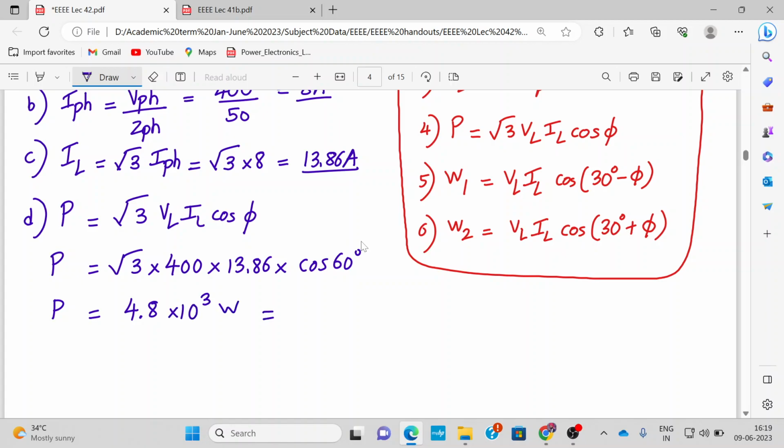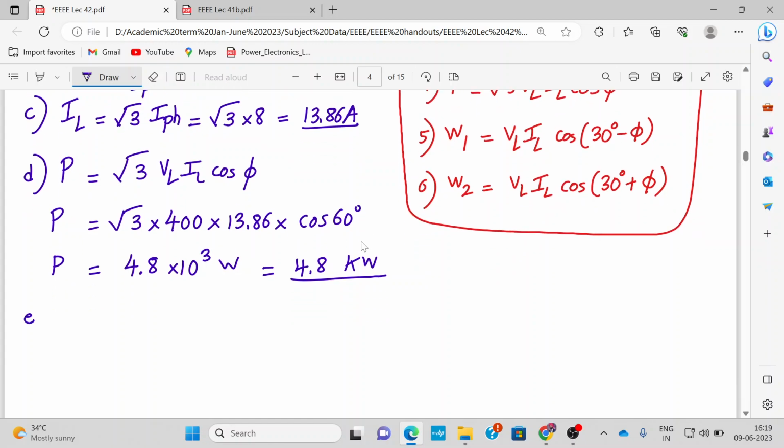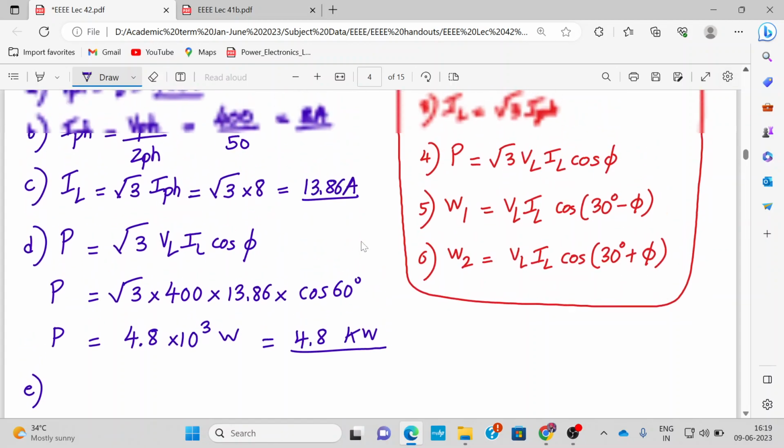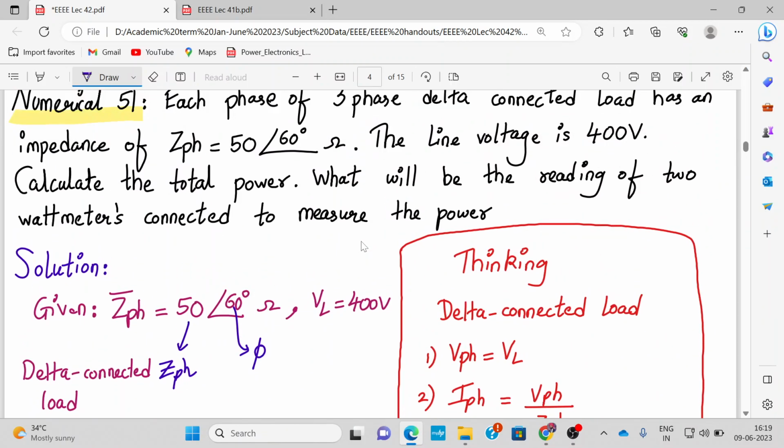That is the same as 4.8 kilowatt. Alright. Now next, it is also mentioned that after you calculate the total power, what will be the reading of two wattmeters connected to measure the power?